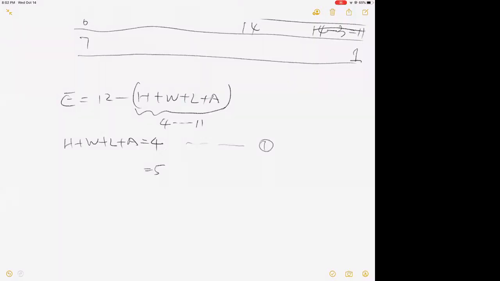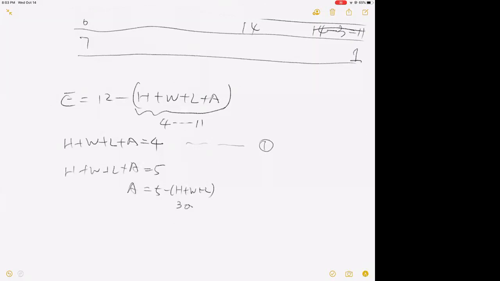So I made a equals 5 minus h plus w plus l. So h plus w plus l plus a is 5, then a equals 5 minus h plus w plus l. And then h plus w plus l can be 3 or 4.